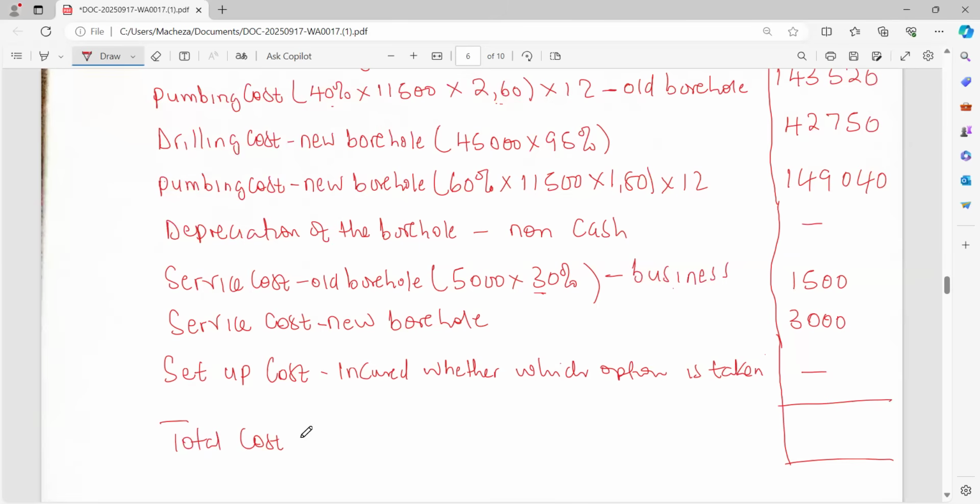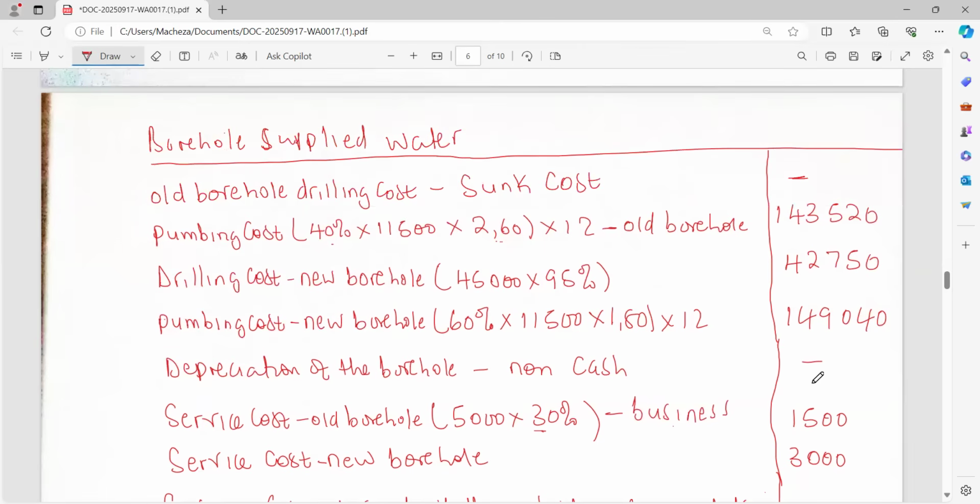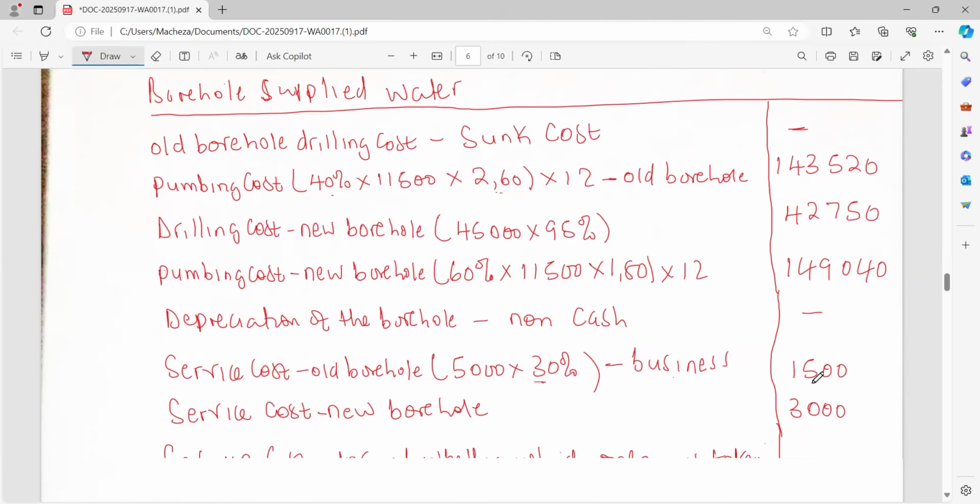Total cost is going to be how much for this one? Let's start from the top, 143,520, until here.